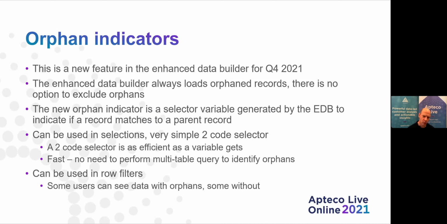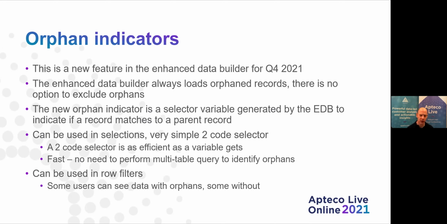So row filters, or what we used to call global filters, are ways of presenting different views of the system to different users of the FastStats system. So you could have an administrator user who sees the system with orphans, or you can set up row filters for groups of users or for individual users so that they see the system without the orphans, because their selections are always ANDed with this variable to drop the orphans out.